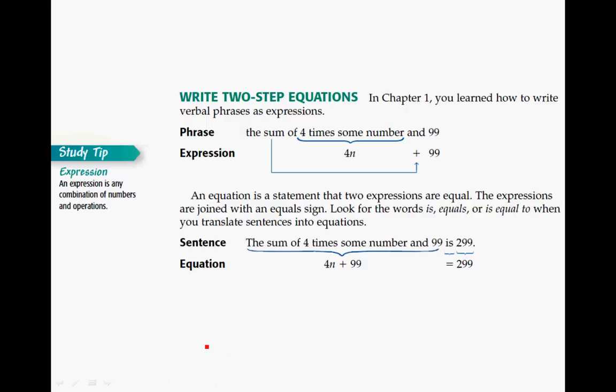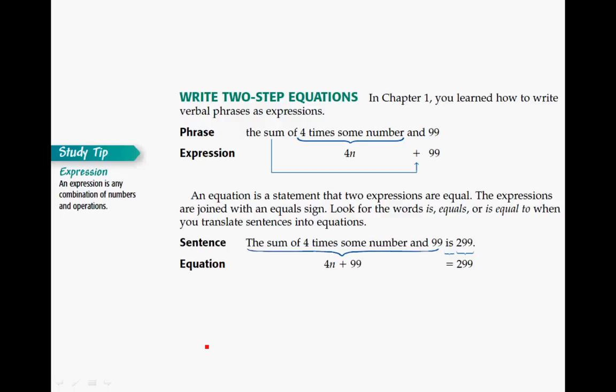Alright, so writing two-step equations. It's referring to chapter 1, but basically we'll call this the previous lesson that we did. When you take a phrase, the sum of 4 times a number and 99, remember that 'and' is another word for addition, and obviously times would be multiplication. So you get 4n plus 99.